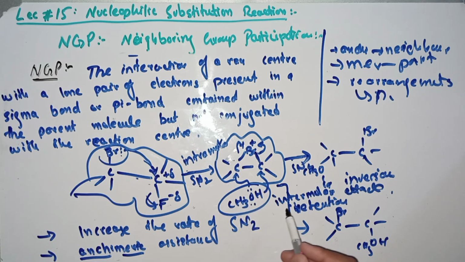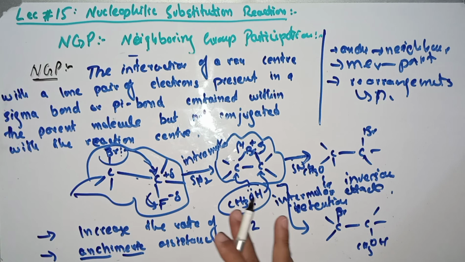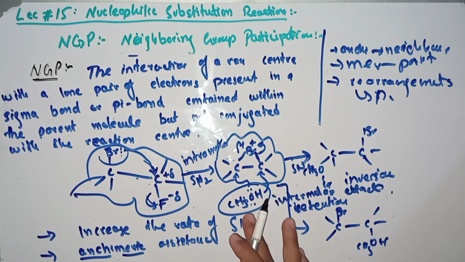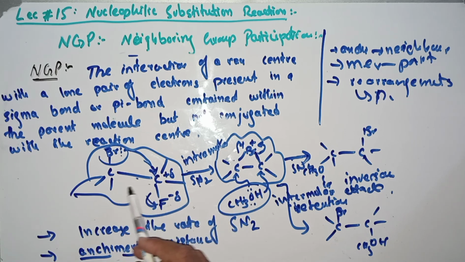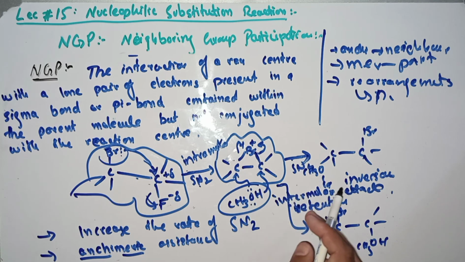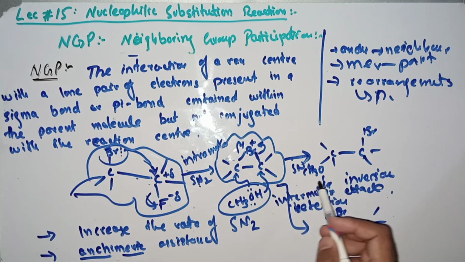So that's why it is called intermolecular, meaning two different molecules are involved in the attack. So here two SN2 steps are required. One SN2 step is a single step, while another SN2 step is also required, that generates the final products.